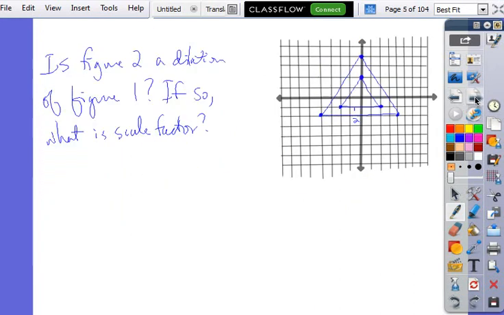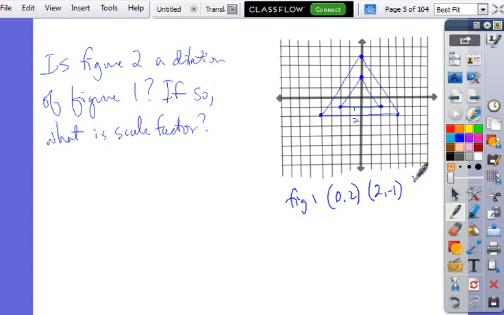How would I check these right here? The points. Write the points down, see if you can multiply or divide, and figure out what the scale factor is. So if I did figure 1 right here, that would be 0, 2. And make sure you go in the same order now. 2, -1.